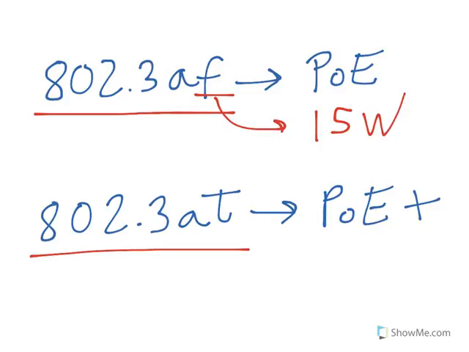For the at specification, the T stands for 30. We can use that relationship to associate the technologies to the particular amount of watts that each specification provides.